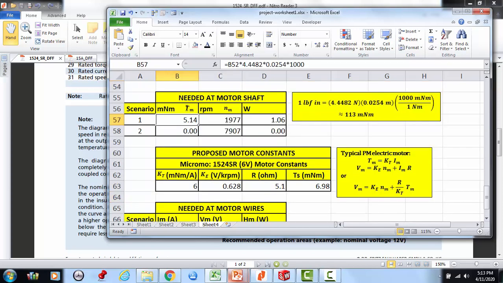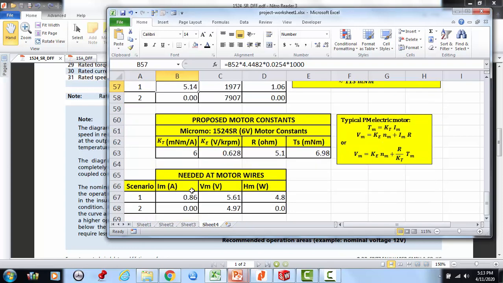That's going to be the torque needed at the motor shaft, the 5.14 millinewton meters, and you're going to divide by B63, so that's the torque constant. So there's my current that I needed at the motor right there. And of course, for the second scenario, when there's no torque, that means there's no current. No torque, no current.